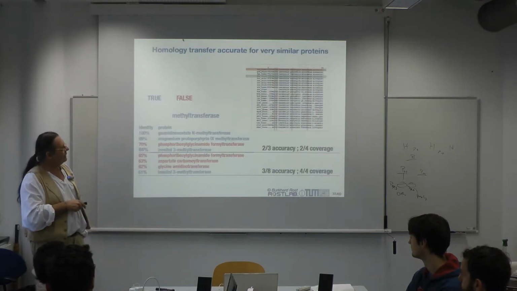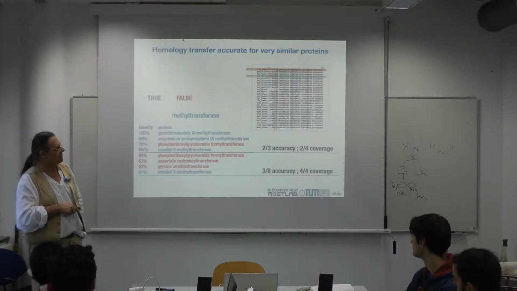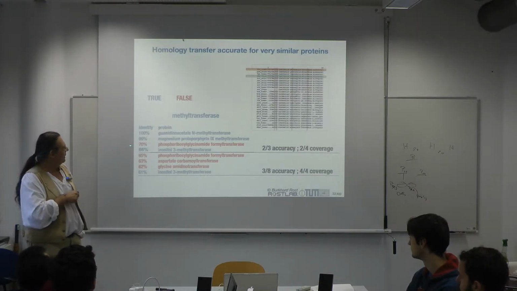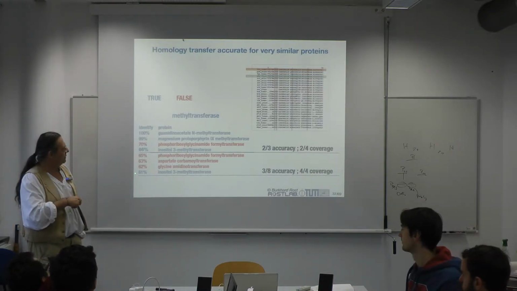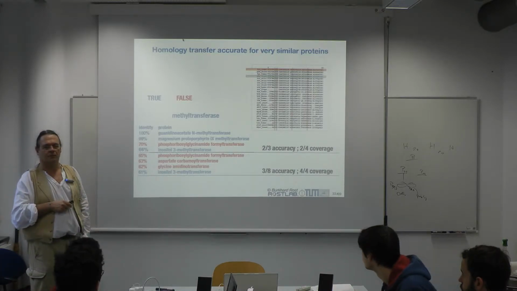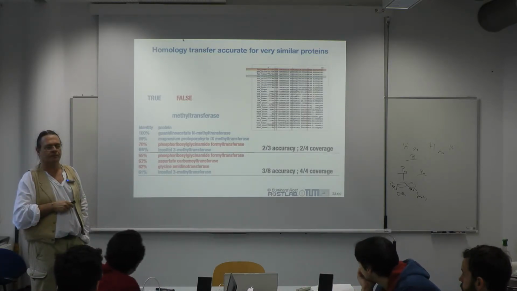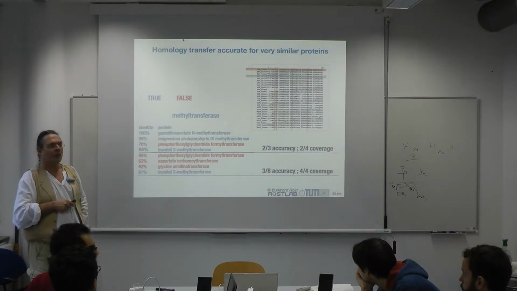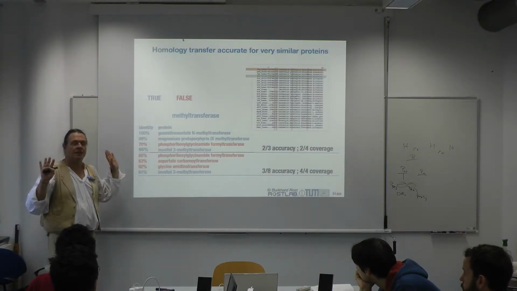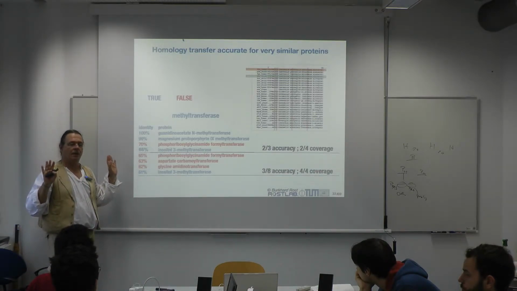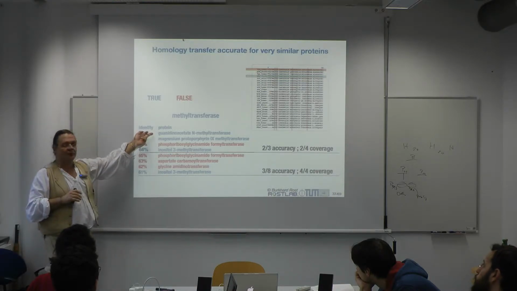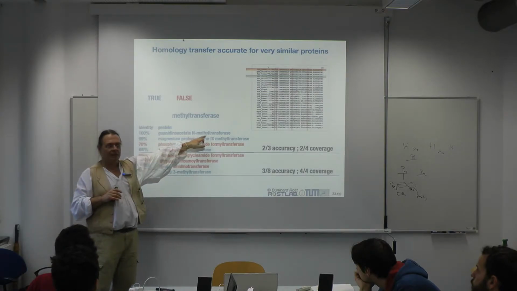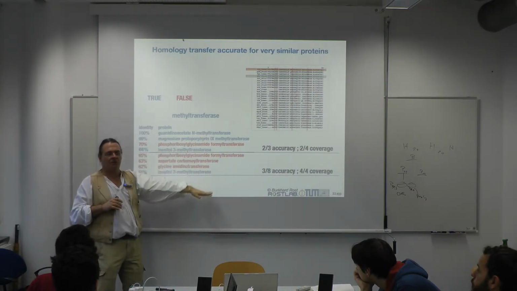So now that brings us to the simple question. Should I use this threshold or that threshold? How do you know if they are good or wrong? In this particular case, it's an example that I made up. In this particular case, I know for the one I start with what it is. And my goal is to infer that it is, in fact, a methyltransferase. I simply look up what I find.